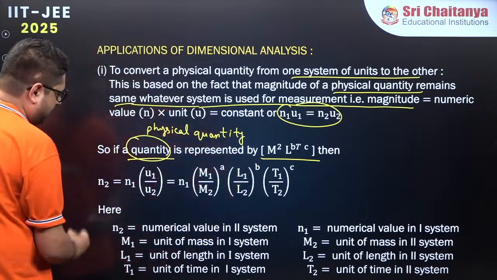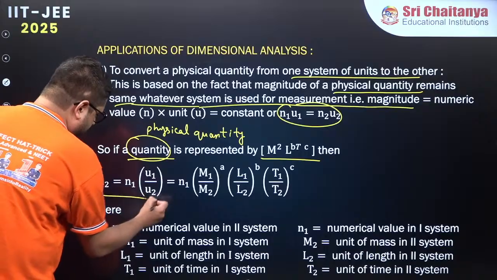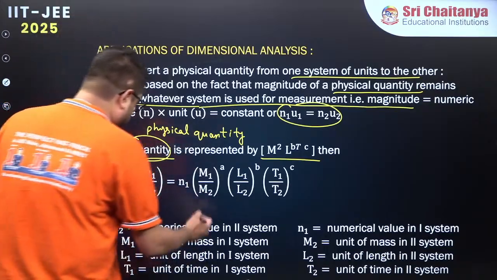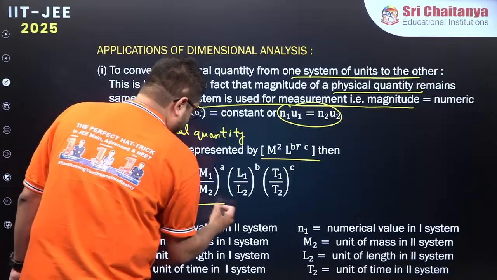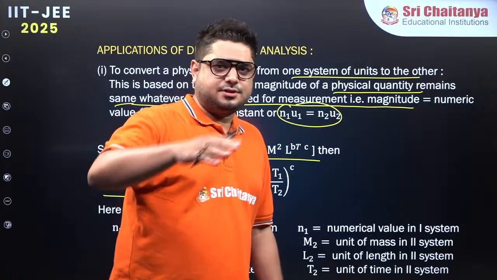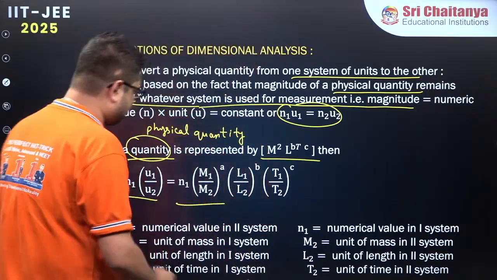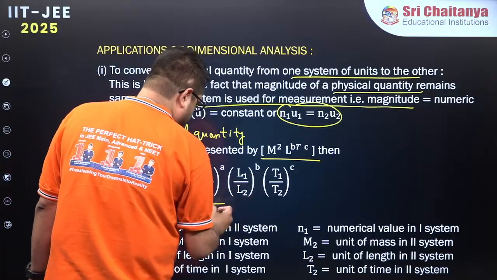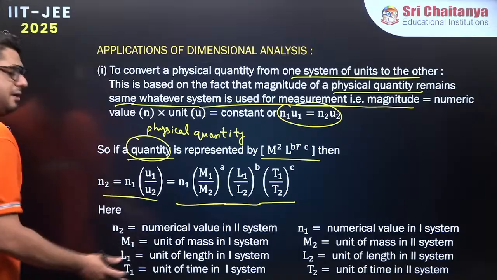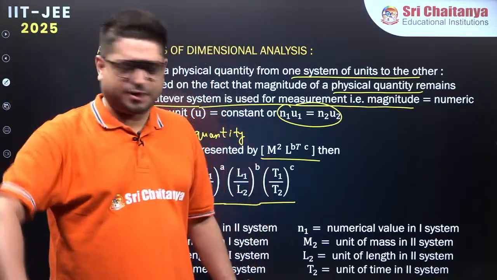So you can write this as N2 = N1 × U1/U2. After cross multiplication, I will get this expression: N2 = N1 [M1/M2]^a [L1/L2]^b [T1/T2]^c, the ratios of the units associated with the dimensional formula of that physical quantity. So the ratios of the mass term, length term, and time term. Based upon this, you can perform dimensional analysis. I will be showing you with certain examples over here, don't worry about it.